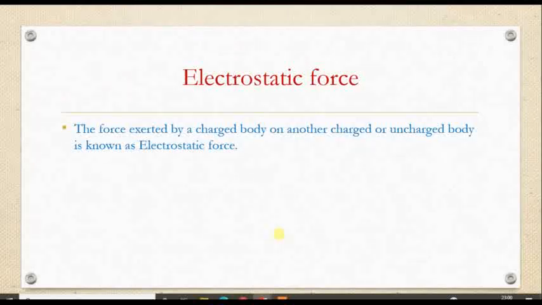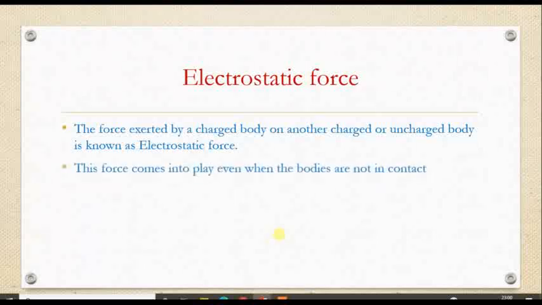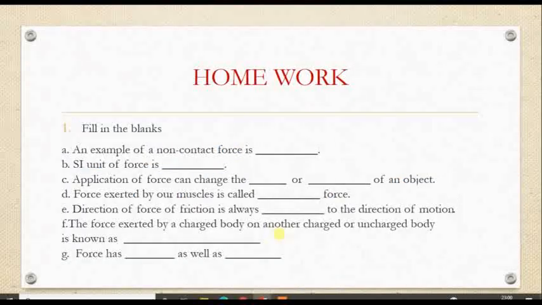The charged body is attracted to an uncharged body. This force comes into play even when both the objects are in non-contact. So that's why it's named a non-contact force.